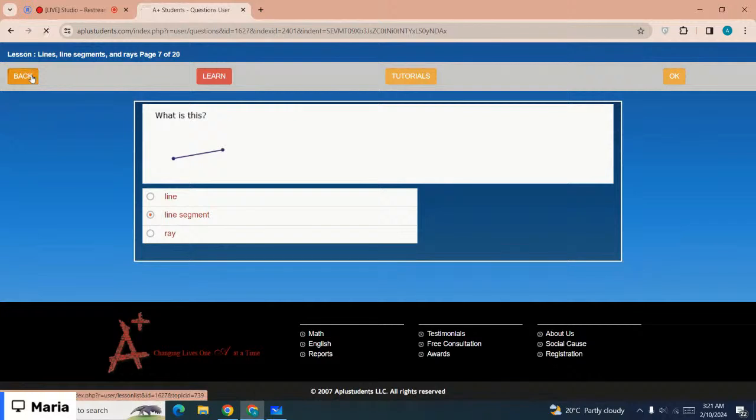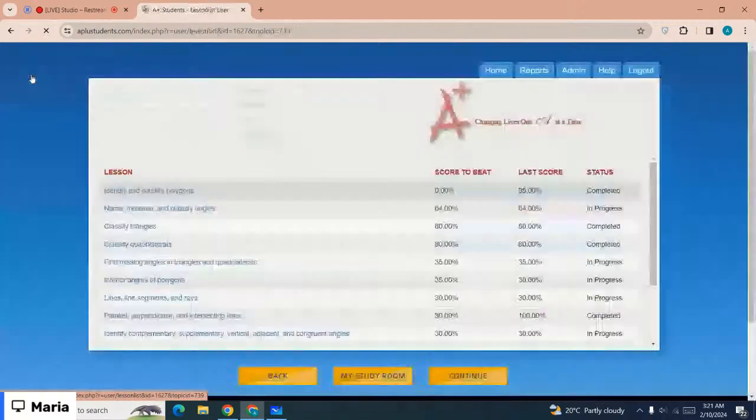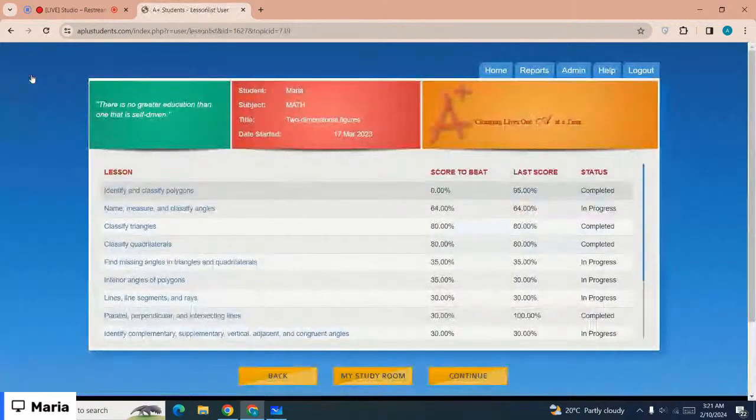Okay, you can complete the lesson by yourself later today. Let me just move on to the next lesson. Parallel, perpendicular and intersecting lines.